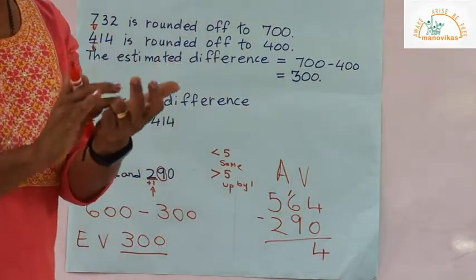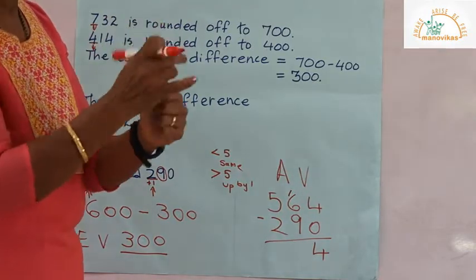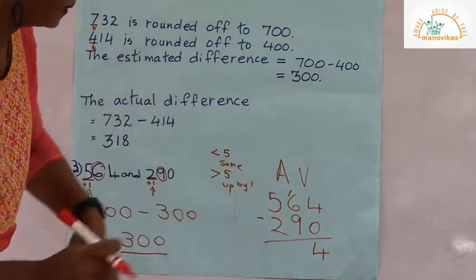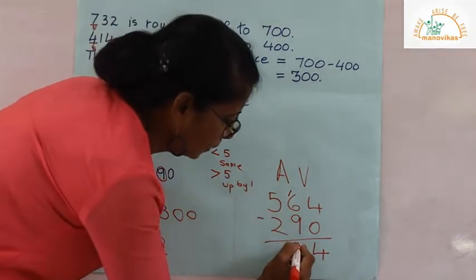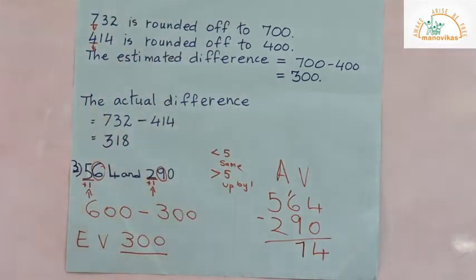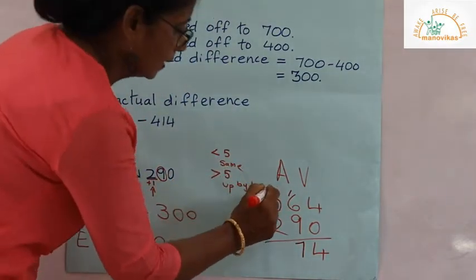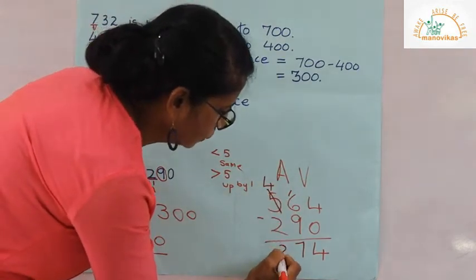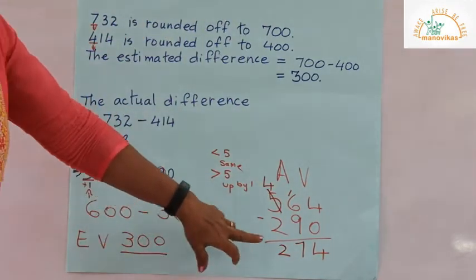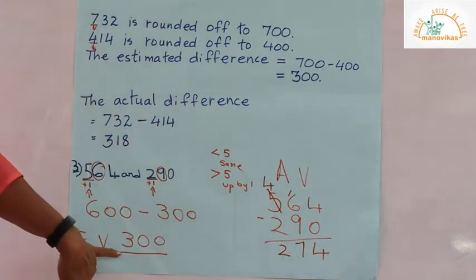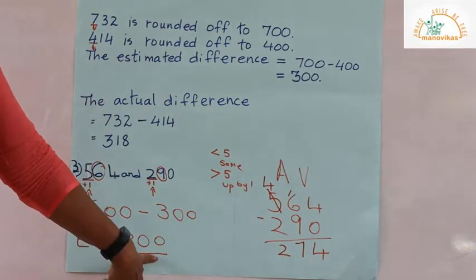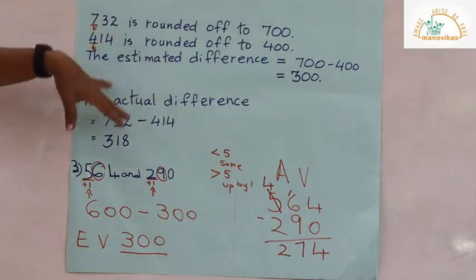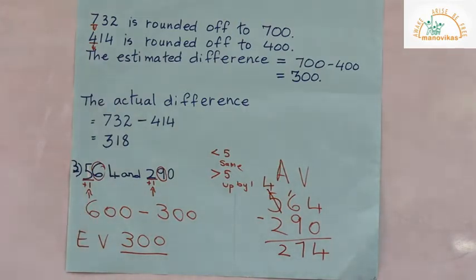So 15, 14, 13, 12, 10, 9, 8, 7. So when you minus, you get number 7. Here you borrowed, so here is 4 and you get 2. So the actual difference is 274, but the estimated value is 300. This is the way we estimate the value. So you can try some more at home.